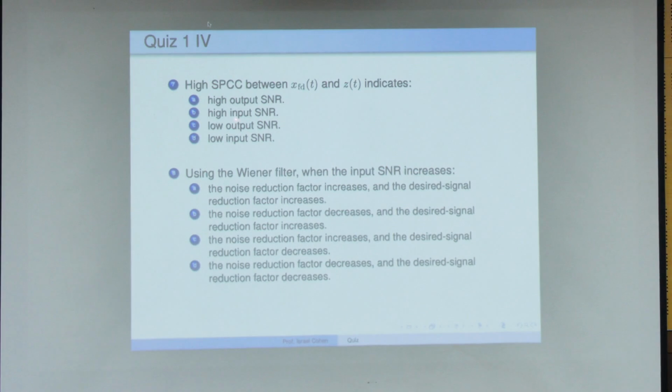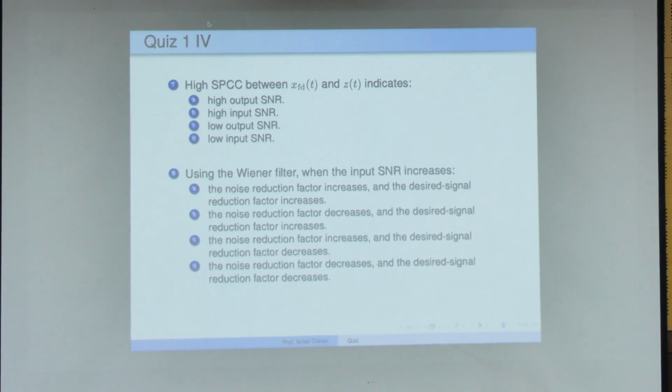When we talk about correlation between X filter desired and Z, it relates to the output SNR. So we can remove B and D. And if it's high, it means that the output SNR is high, right? So it's A, because if these correlate, high correlation, it means that the output SNR is high.